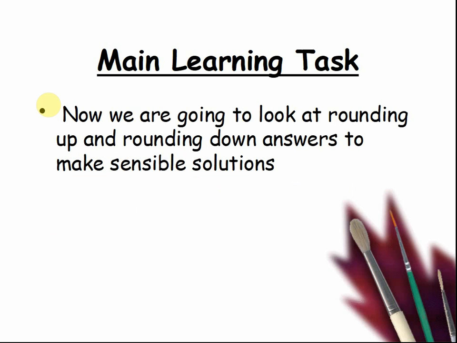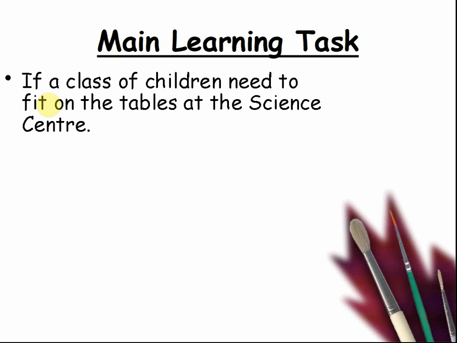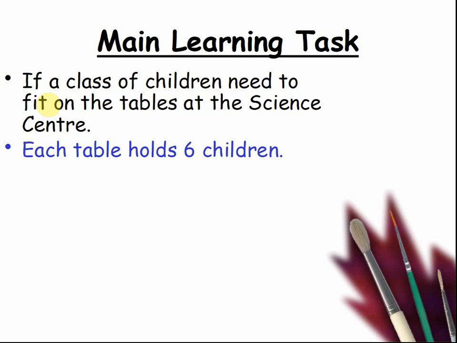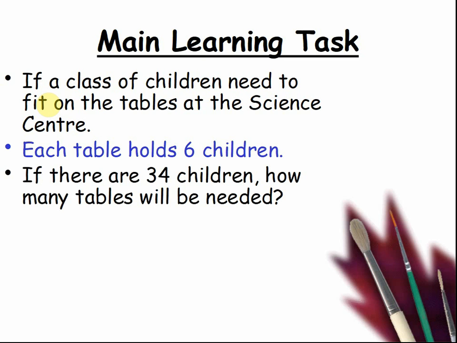Now we're going to look at rounding up and rounding down answers to make sensible solutions. If a class need to fit on the tables at the Science Centre, each table holds 6 children. If there are 34 children, how many tables will be needed?